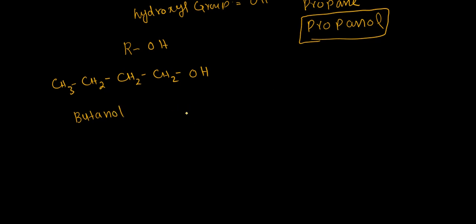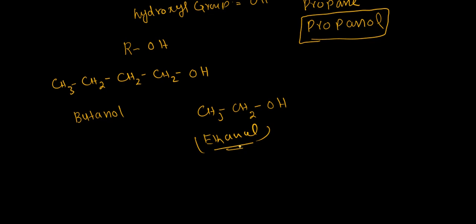Similarly, if we take the 2-carbon alcohol CH3, CH2OH, it is derived from ethane, so its name will be ethanol. So this is about the naming of alcohols.